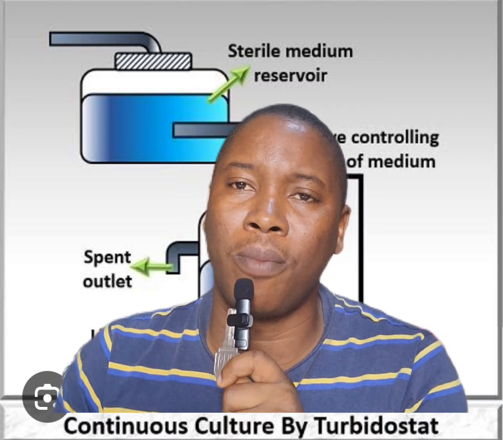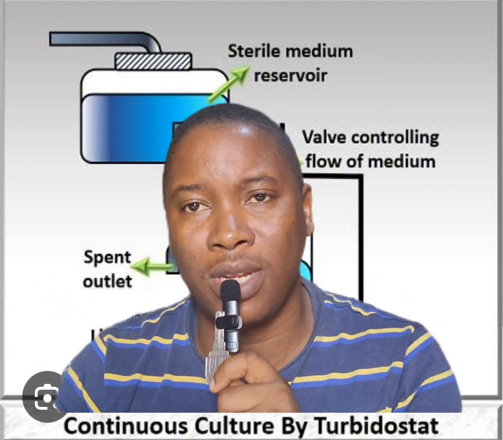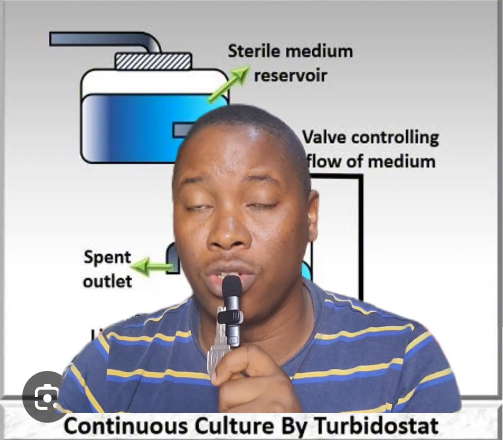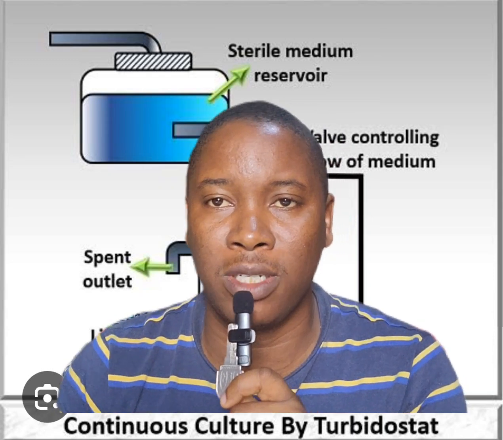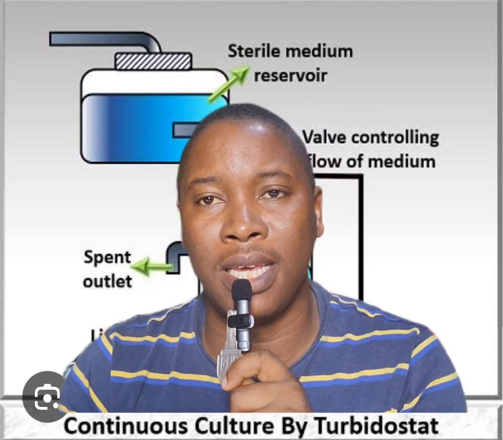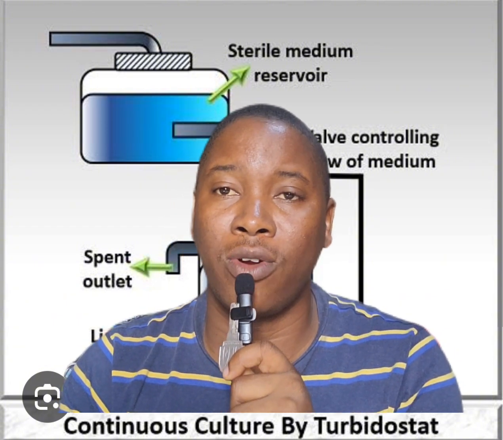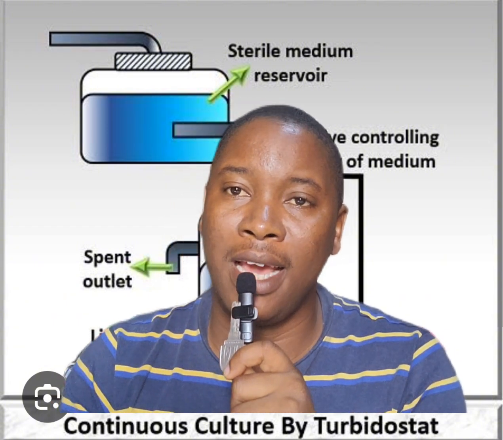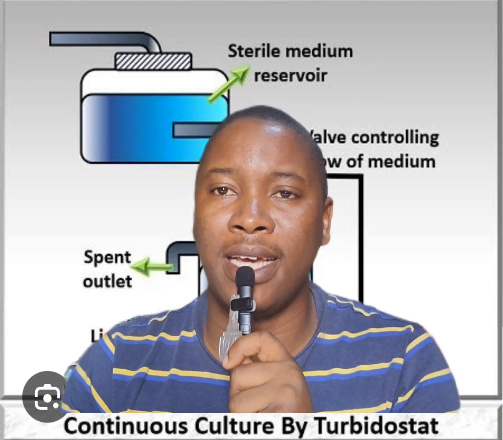Now we also have the turbidostat, which is like the chemostat, and it's a system that uses turbidometry. Turbidometry, in simple English, there's nothing difficult there. When you're talking turbidometry, you're talking about how turbid is a liquid. The more turbid it is, you know that the more there's microbial growth within that system. And the less turbid it is, the clearer the medium is, you know that there is less growth.